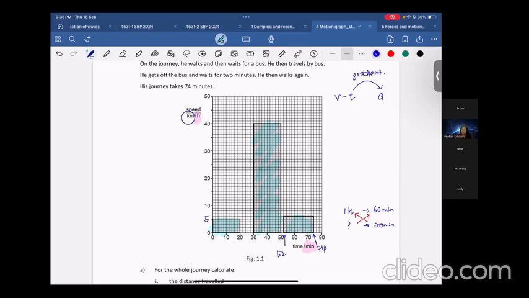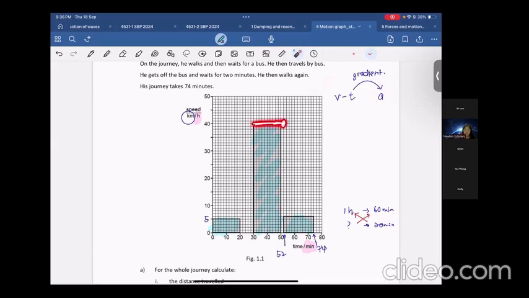Any, dear, any? You see, speed time graph, we find acceleration using gradient. What is the gradient at here? What is the gradient at there? Yes, correct. Okay. Hui Tong, no. So Hui Tong, you see, here, Megan's idea is correct. This is a horizontal line.